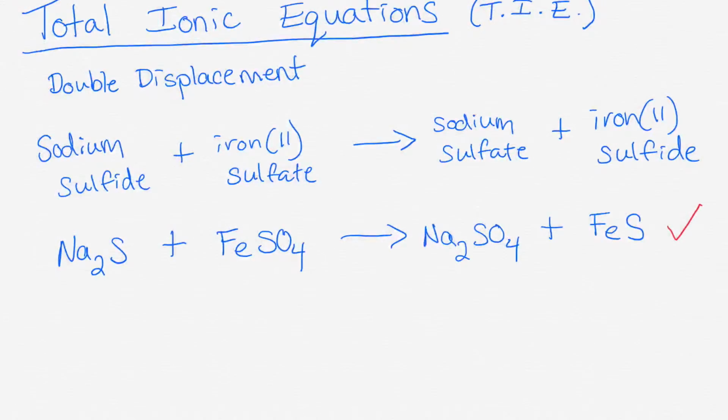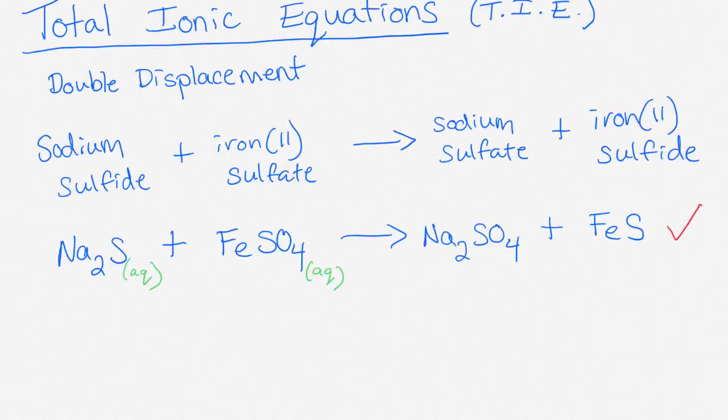Okay, so when we're looking at ionic compounds, the one thing that we also want to review is what state each of these are going to be in. So we're going to look at our solubility table, and our sodium sulfide is going to be aqueous. It does dissolve in water. Our iron(II) sulfate also is aqueous.